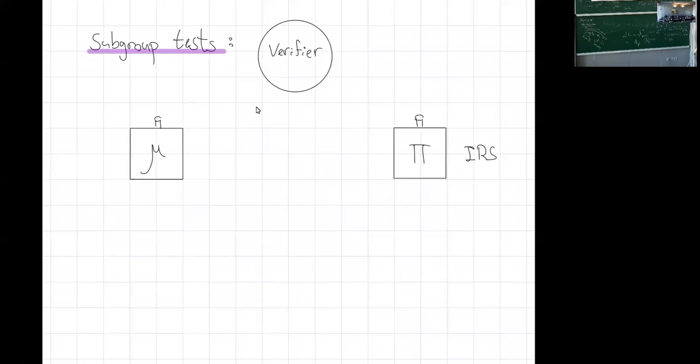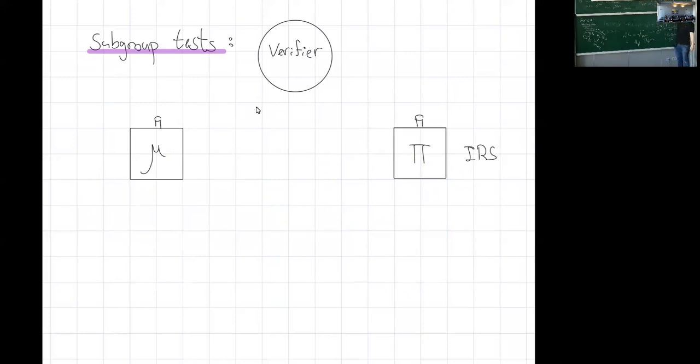Great. So I just said beforehand, you should think of it as an interactive proof system. How? You have a verifier, and the verifier wants to run the subgroup test. How does the verifier run the subgroup test? It has access to the mu, to the distribution over challenges. That's part of the definition of a subgroup test. It doesn't have access to an IRS.